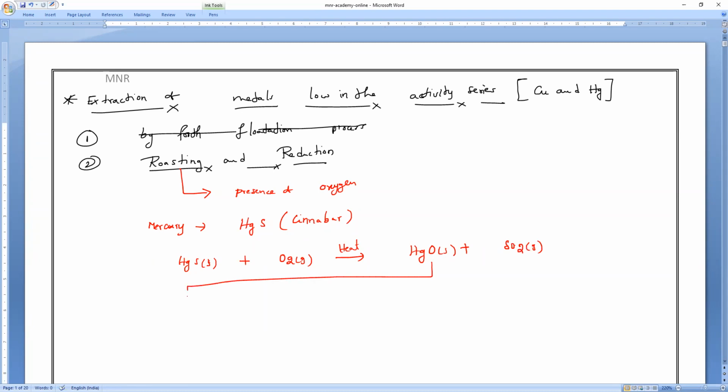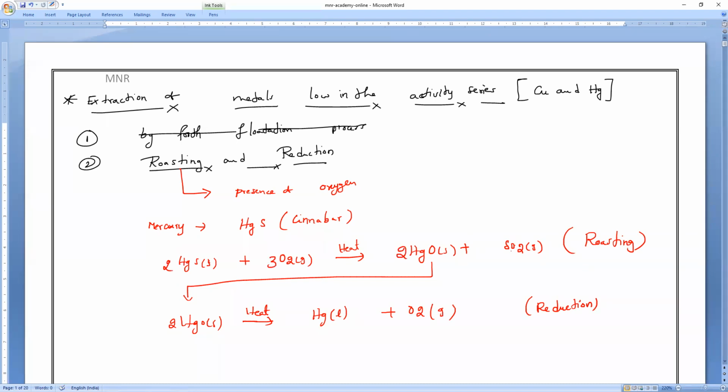Now this mercuric oxide, if you continue the heating, undergoes reduction to the metal, so mercury plus oxygen will come. This is called reduction, and the first step is the roasting process.